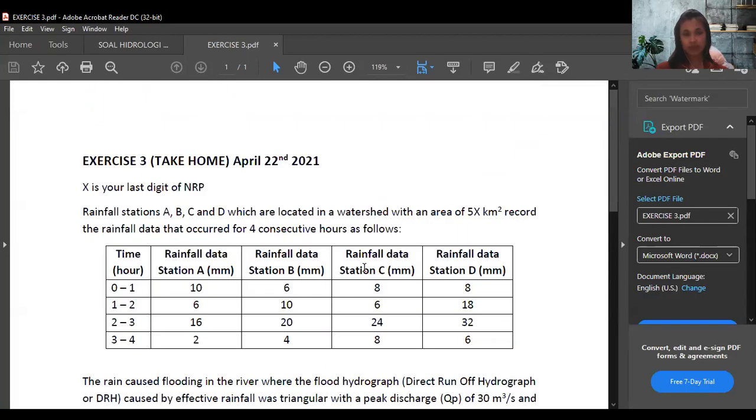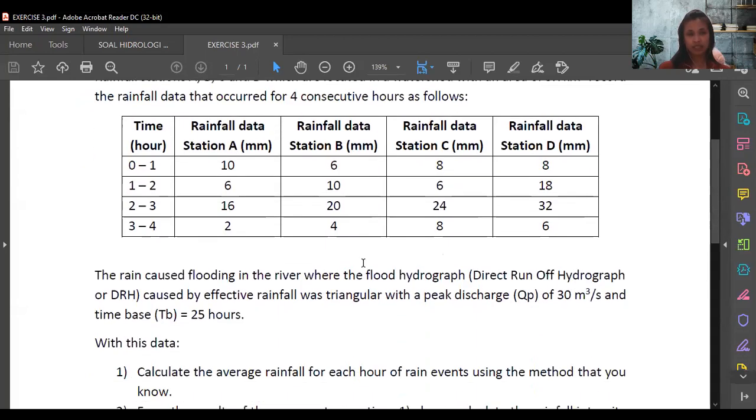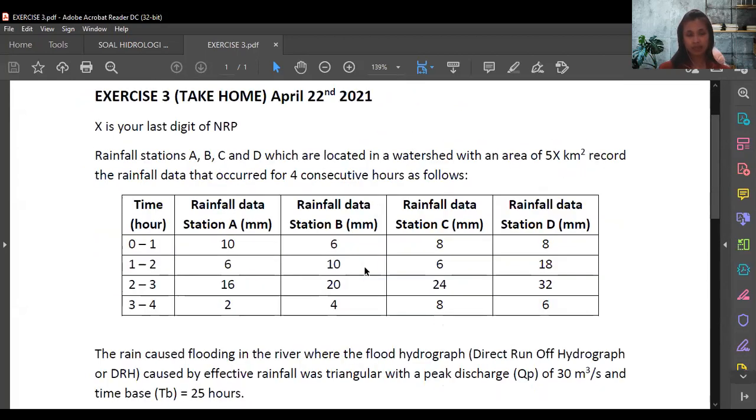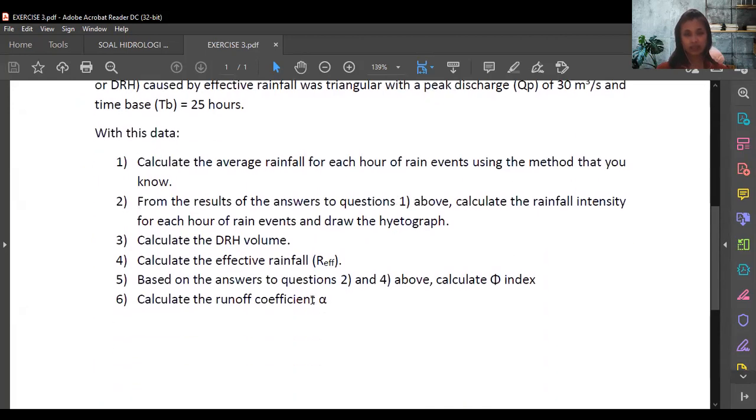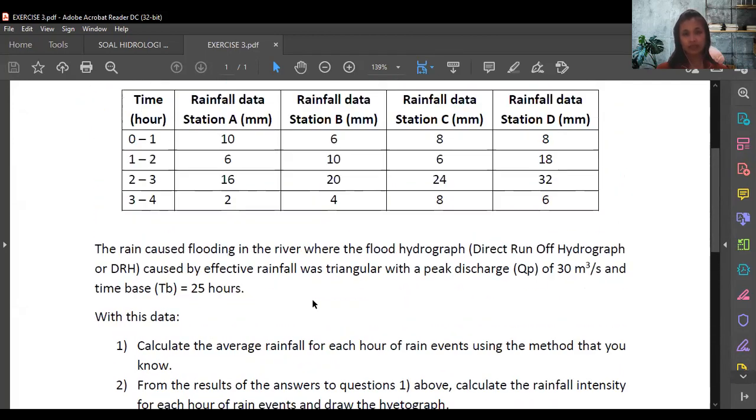So actually, I want to give this exercise after we finish our infiltration module, which is on the last 2 weeks, I guess. But here I make it mixed with the hydrograph.